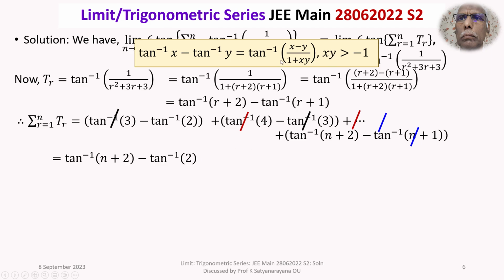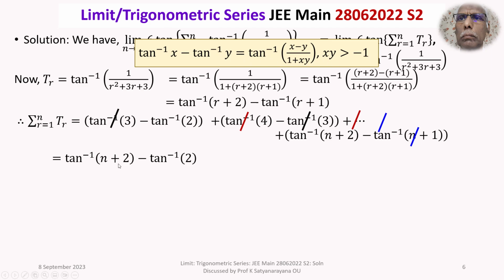Again, recall the same formula. Here x is n plus 2 and y is 2, and xy is 2 into n plus 2. Since n starts with 1, 2 times 3 is 6, which is greater than minus 1, so certainly this works.